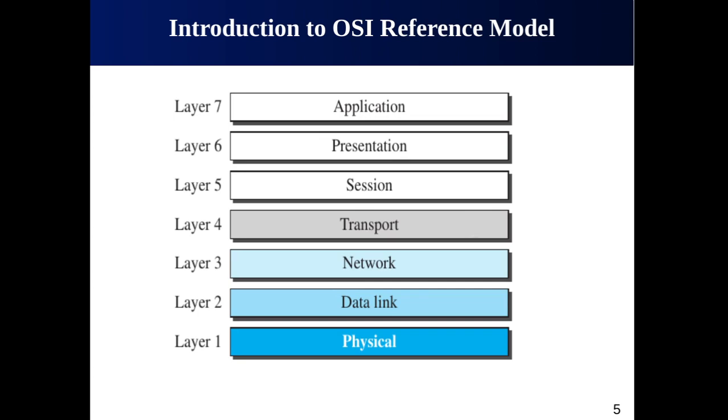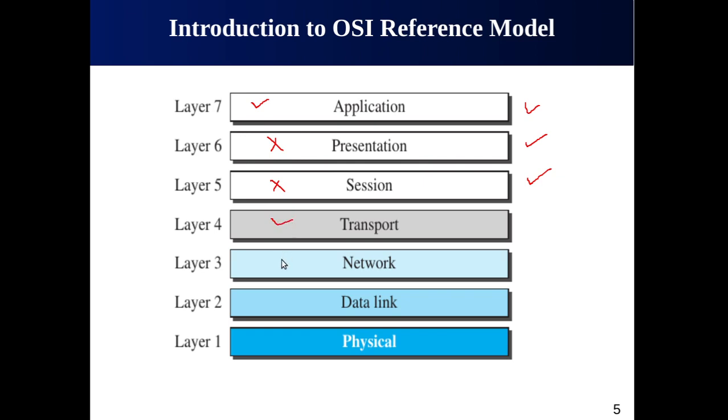This seems similar to the model that we have already covered, the TCP/IP. What's different are the two topmost layers. At the top we have the application layer, then the presentation layer, and then the session layer. In the TCP/IP model, we do have the application layer, but the presentation layer and the session layer were not present there.